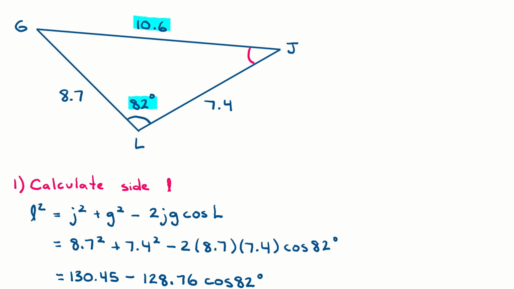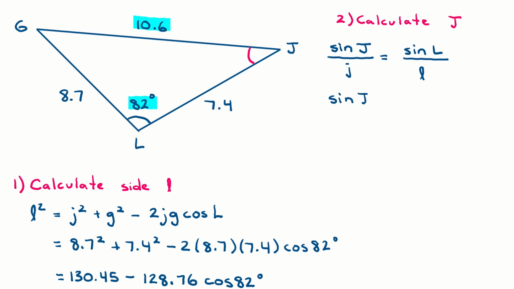So if we're using sine law, step 2, calculate J. We know that sine of J divided by side J is equal to sine of L divided by side L. So that means sine of J divided by 8.7 is equal to sine of 82 degrees divided by 10.6.